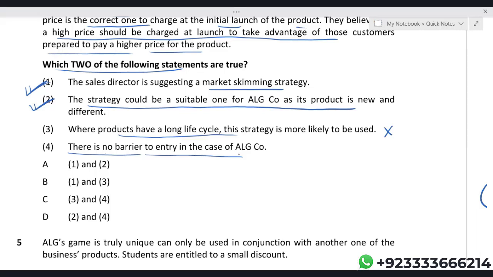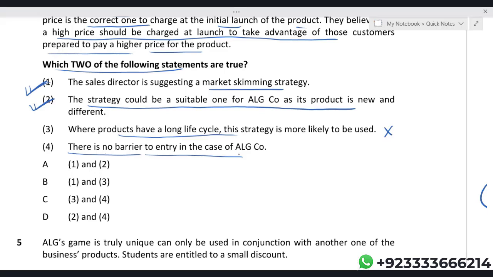If you can patent your product, it works as a barrier. In fact, price penetration works as a barrier. Obviously, there's no price penetration agreed. There's no patent thing agreed. But high investment also works as a barrier, and it is written in the question. ALG company faced a high development cost.